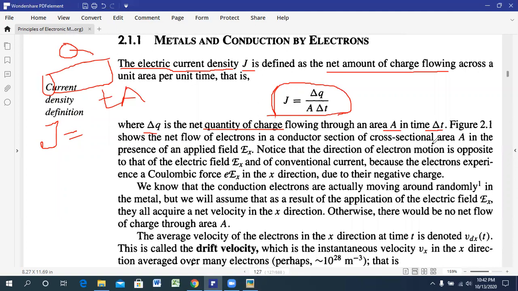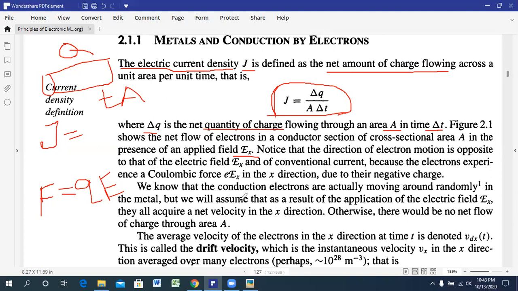Now look, electric current density will only happen when we apply the electric field Ex. So if we apply an electric field E in the direction of X, then the charge will experience a force. So we know that the Coulombic force F equals QE, right?